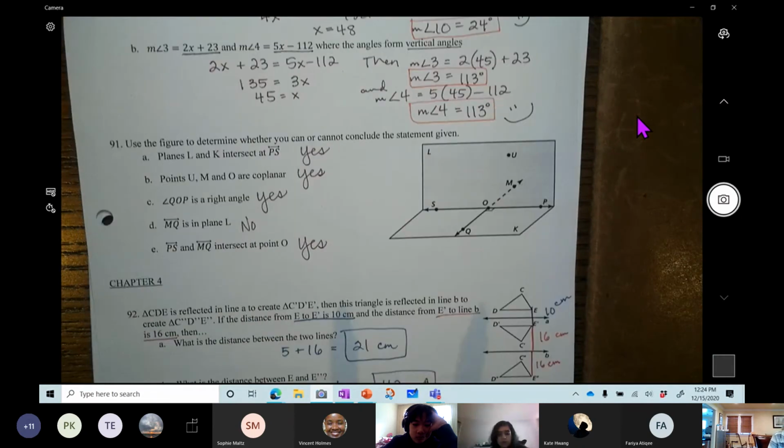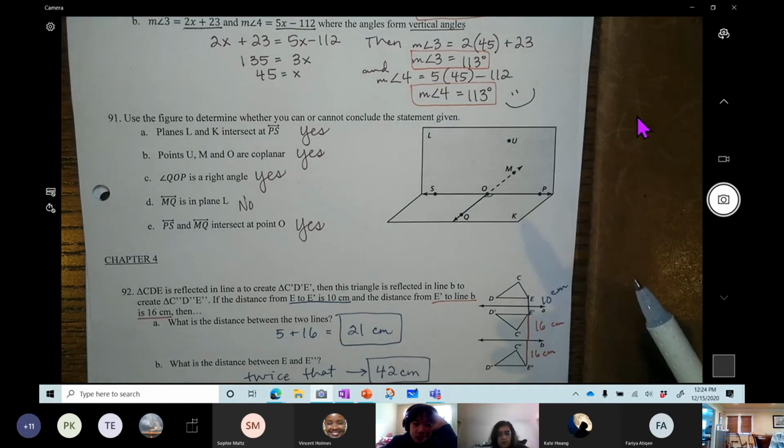Okay, now there's a number of these where you just have to look at a picture and say, is that enough? Is it not enough? Is it true? You should be able to figure this one out. So 91, we've got this plane going up, this is plane L, and this one is coming out toward us.